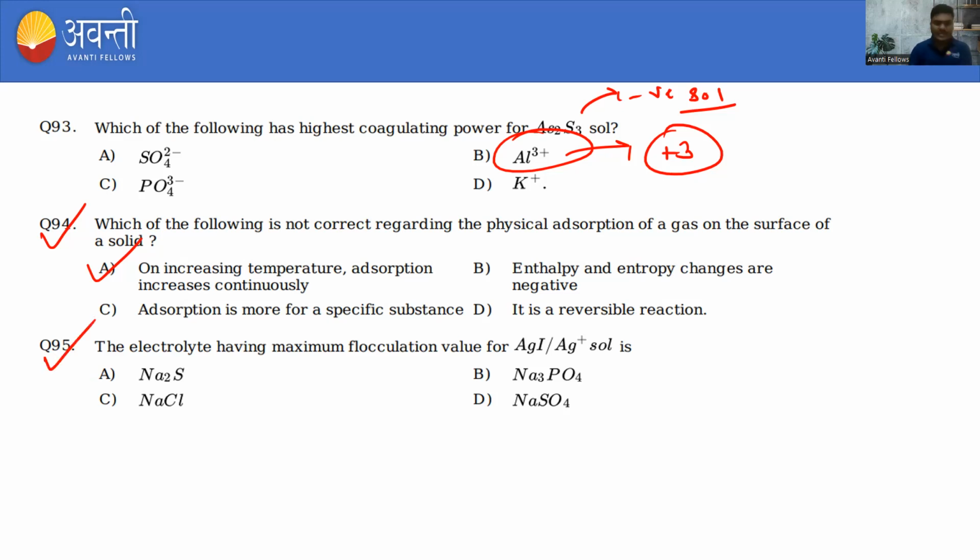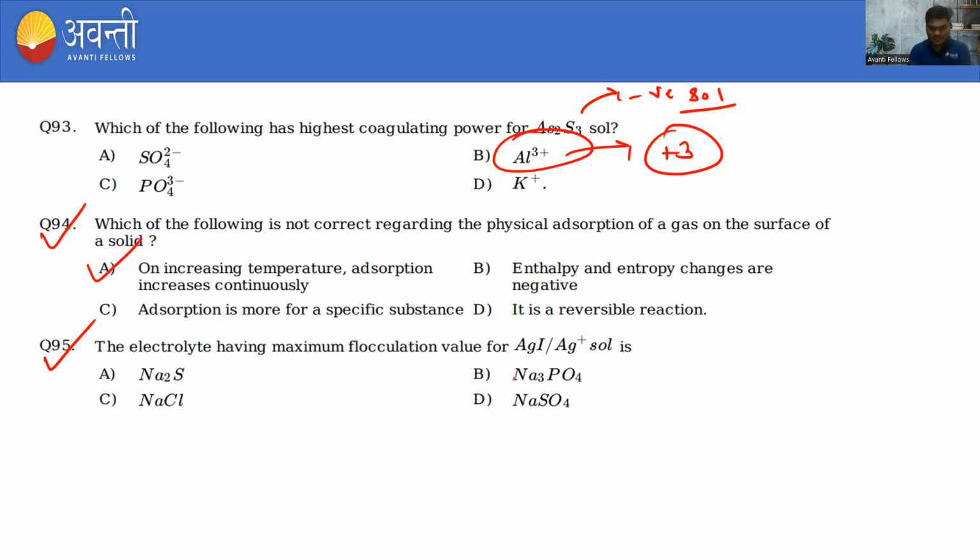Okay. Now move to question number 95. The electrolyte having the maximum flocculation value for the AgI/Ag+ sol. Basically the flocculation value is inversely proportional to the flocculating power. For flocculating a positively charged sol, PO4 ions have the maximum power. So which has the highest value?